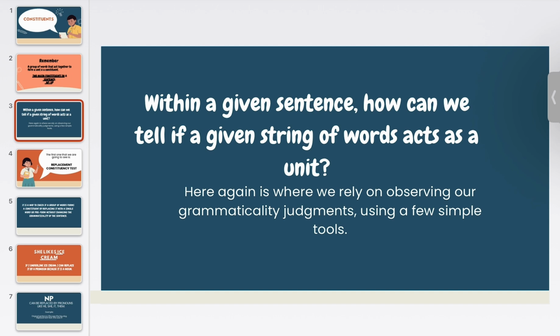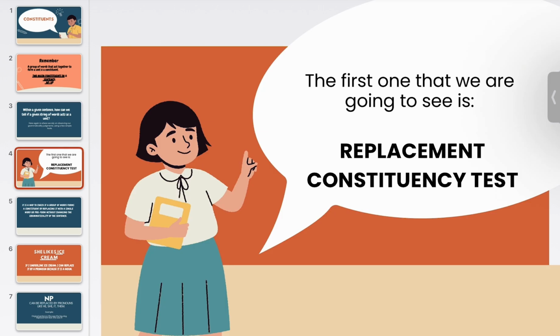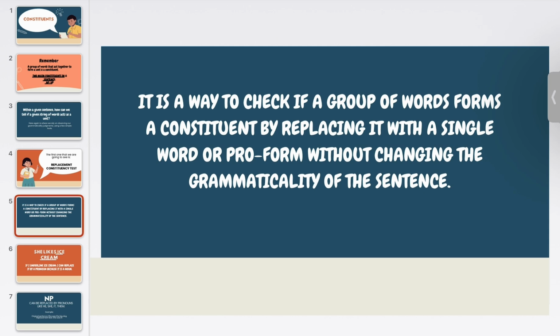Of course, there are different types of them, but the first one that we are going to see today is the replacement constituency test. Probably what comes to your mind when we hear the word replacement? That something is going to be replaced for something else, right? What is a replacement constituency test?